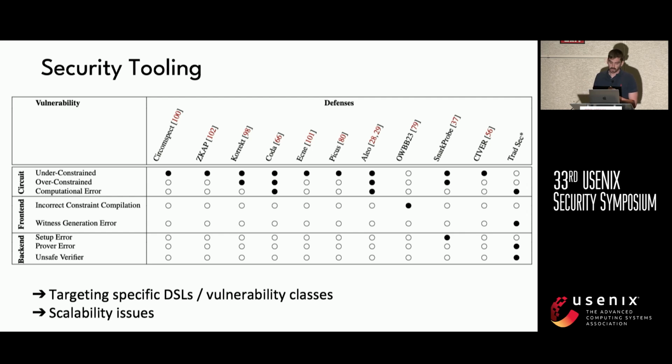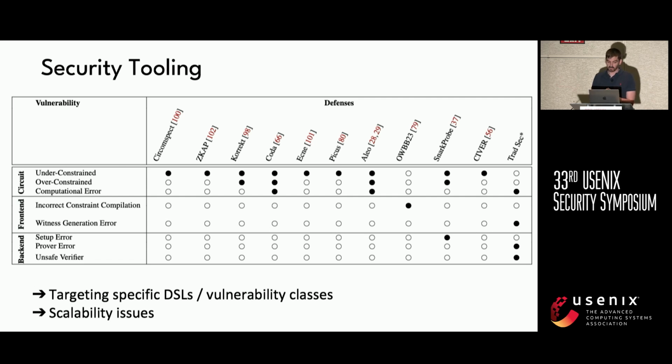And also, most tools focus on a specific DSL or a specific class of ZK DSLs, and they can handle only specific vulnerability classes. There are also some formal verification tools, but then we have scalability issues.